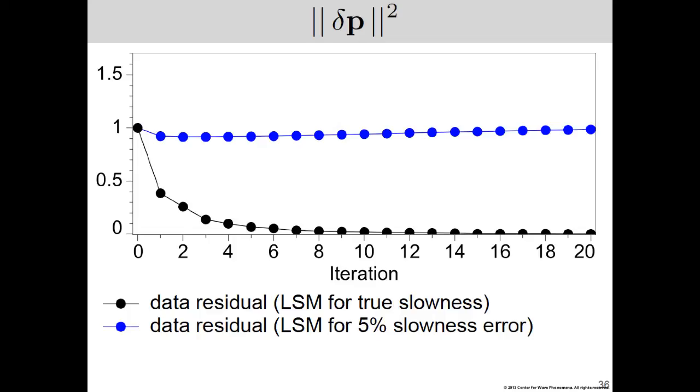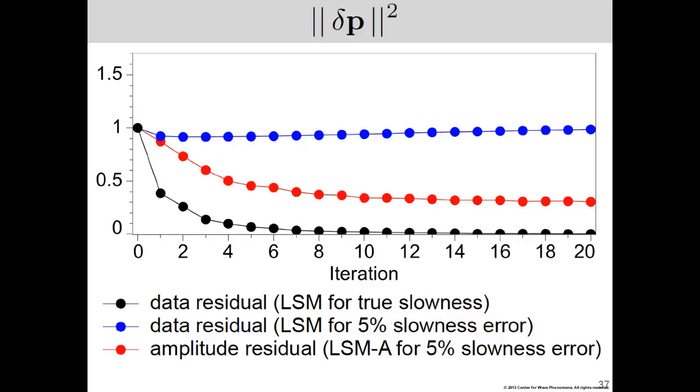The reason for this increase is only because of the way I've implemented the line search. If it cannot find a step that decreases the residual, it'll actually take a step anyway and increase the residual, with the hope that it might eventually step out of a local minimum. But that doesn't seem to happen here.